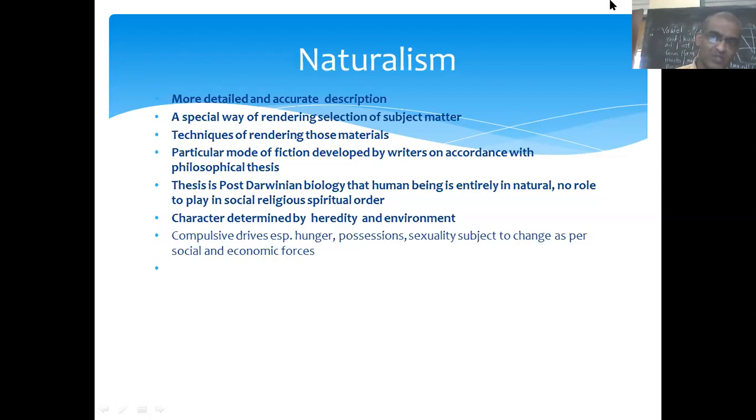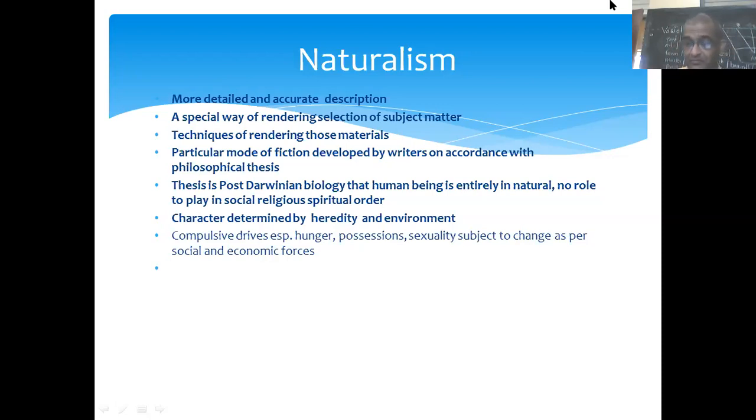In such a way, the novelist brings realism to such a deeper level that it seems to be part of nature, just an intrinsic development. So such a rendering of things is there.